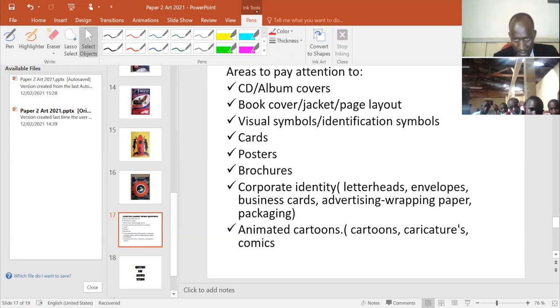We have cartoons, we have caricatures, we have comics, we have 2D animation and animated flip book. So let the learners be able to, one, interact with the newspapers and magazines that have these characters, the cartoons and caricatures and comics and all that.